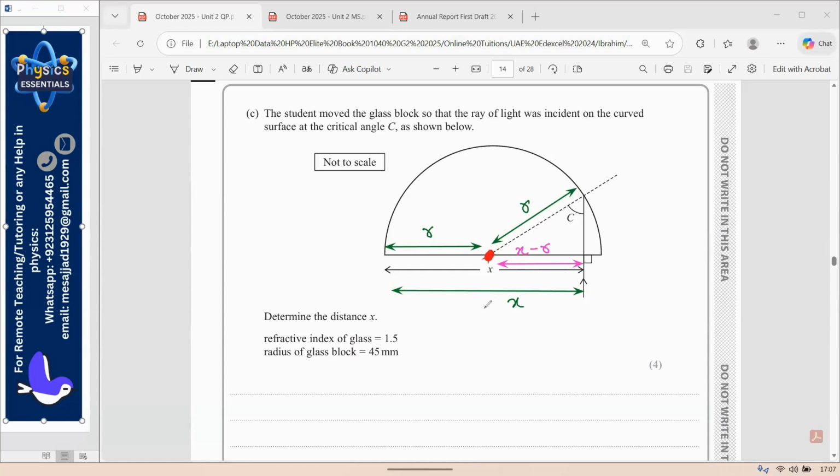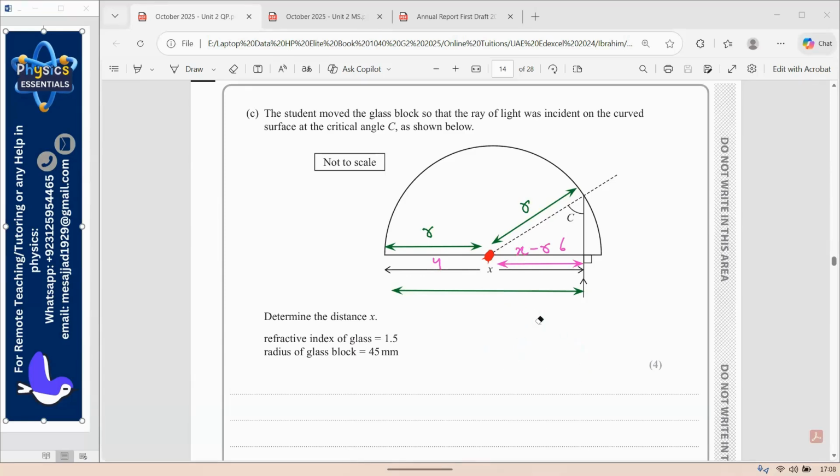For example, if this whole is 10 and I say this part is 4, how much should this one be? This one should be 6, so 4 plus 6 is 10. So I can write 6 as 10 minus 4. So x is 10 and r is 4, so this distance is going to be x minus r. I hope you understand how this is x minus r.